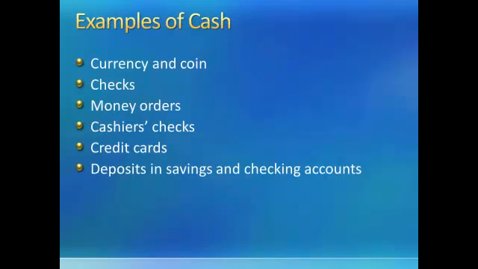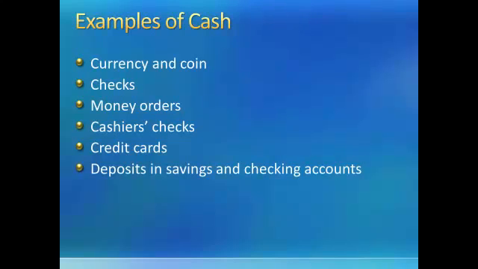Examples of cash include currency and coin, checks, money orders, cashier's checks, credit cards, and deposits in savings and checking accounts. When we say that credit cards is an example of cash, what we mean here is when we use our credit card.